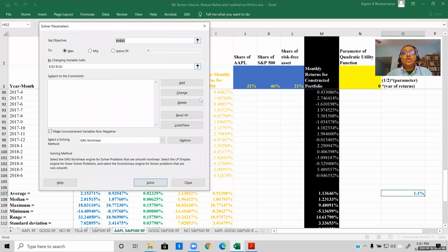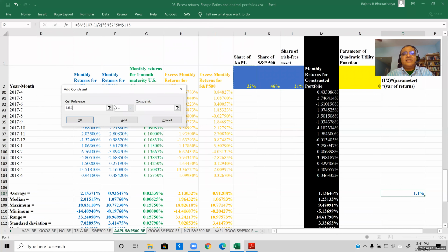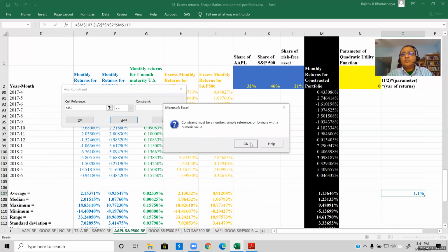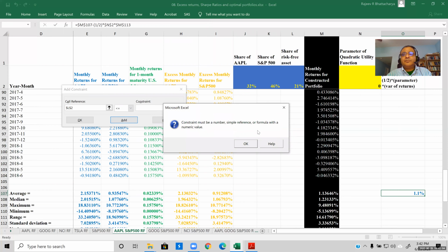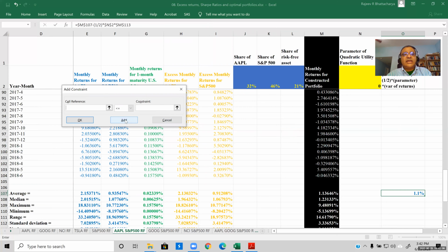All right. So we'll first add the constraints. This has to be less than or equal to 1. Add another constraint. K2 less than or equal to 1. Add L2 less than or equal to 1. Add L2 equals 1 minus J2 minus K2.